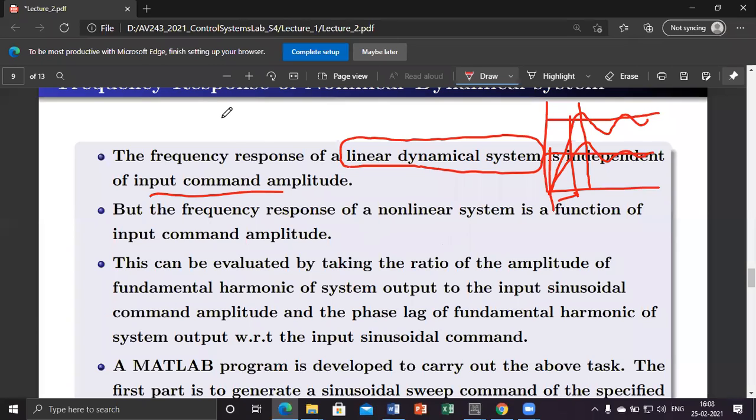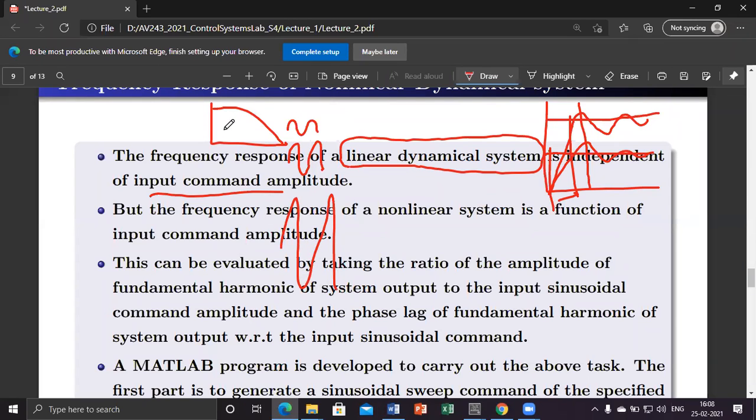Similarly, if you take the frequency response, there is something called bandwidth. You will get the same characteristics for a 1 volt command sinusoidal signal, or a 2 volt, or a 5 volt command sinusoidal signal.